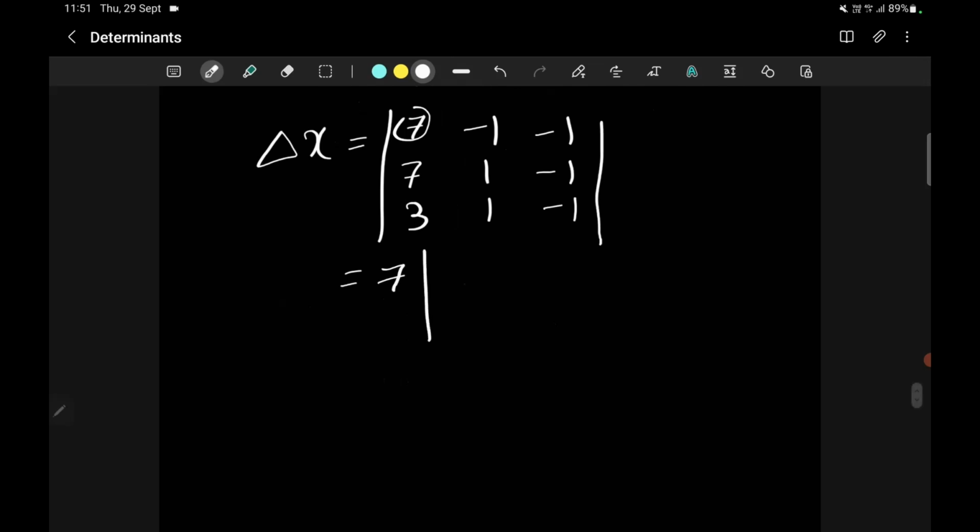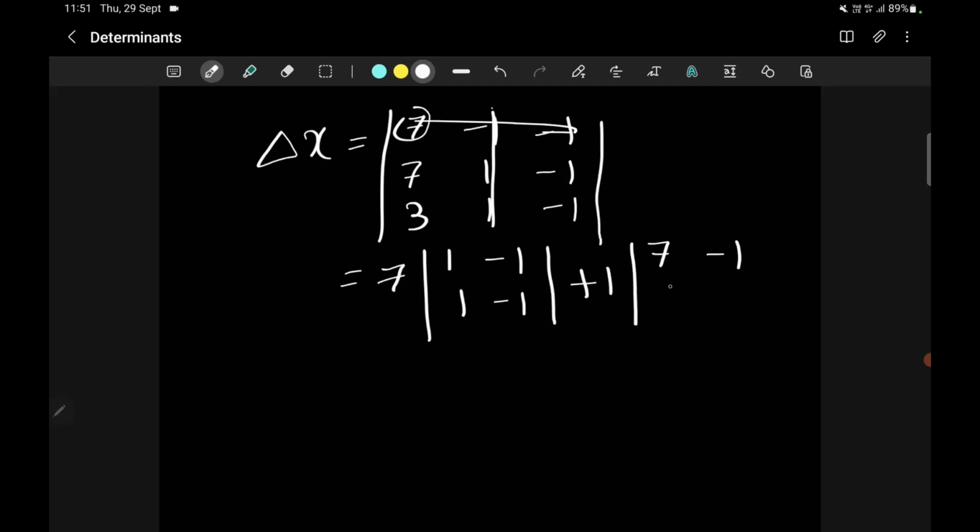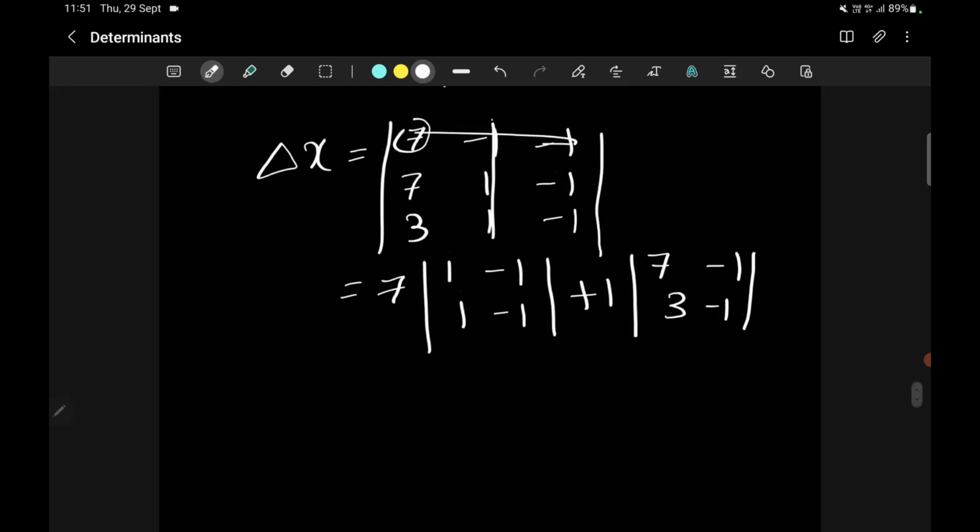Then inside the determinant we'll get 1 minus 1, 1 minus 1. By default here it will be minus, so it will become plus 1. Now we have to skip this whole row and column. This will become 7 minus 1, 3 minus 1. Lastly minus 1 inside the bracket, 7 1, 3 and 1.